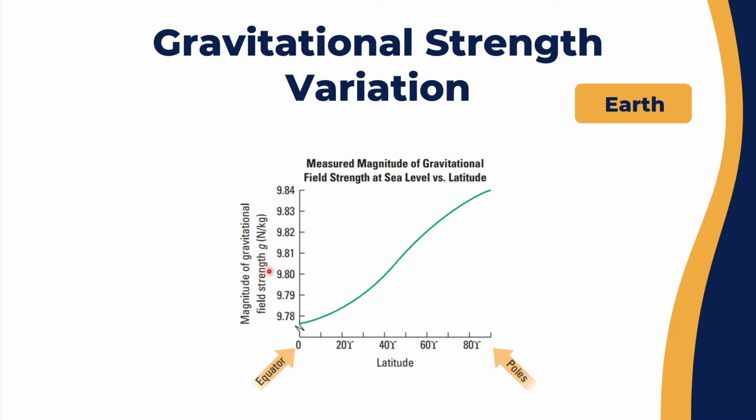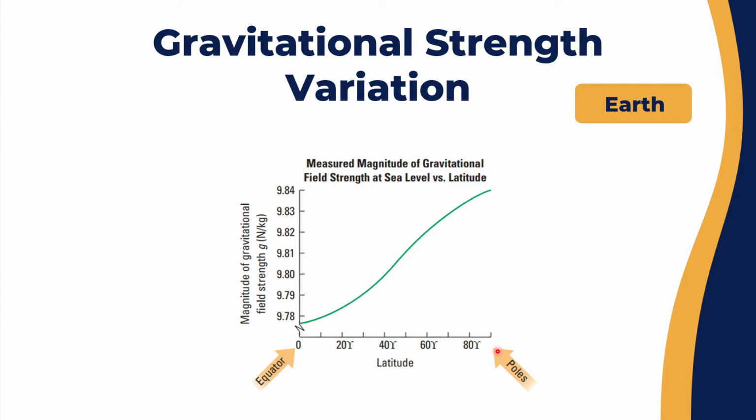The unit for the gravitational strength is newton per kilogram, and the latitude could be in meters or in English units. So at 0, that's where the equator of Earth is, and here is where the poles are. As you know, the Earth is not a full sphere, not a full circle, if you will.